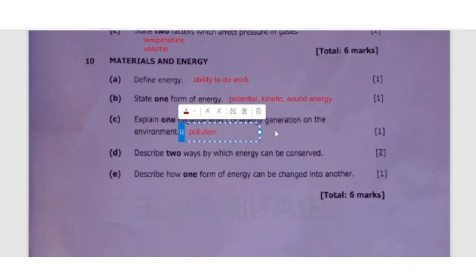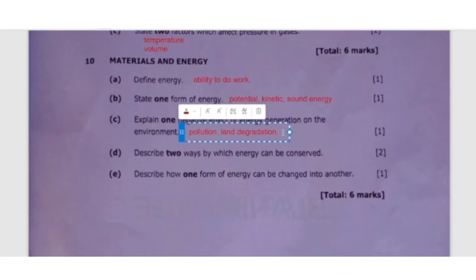Then there is also land degradation. We destroy the land, we make the land to be poor.